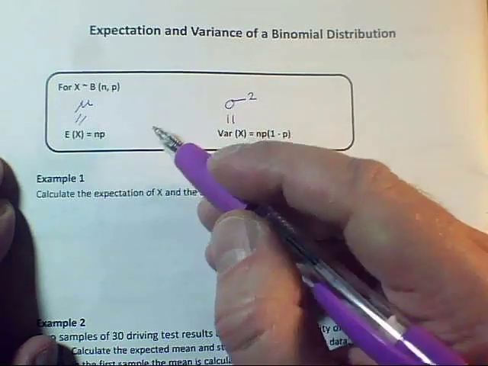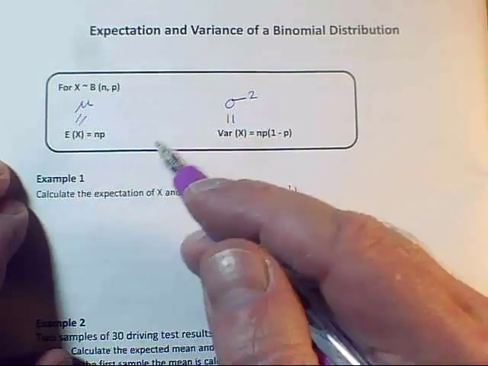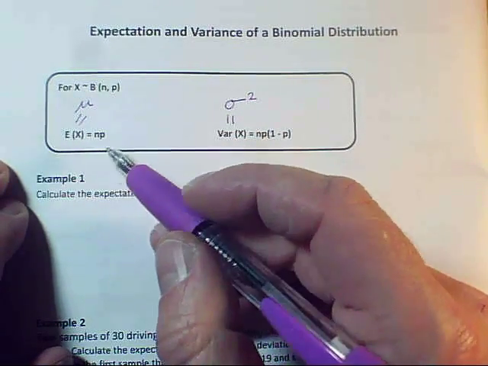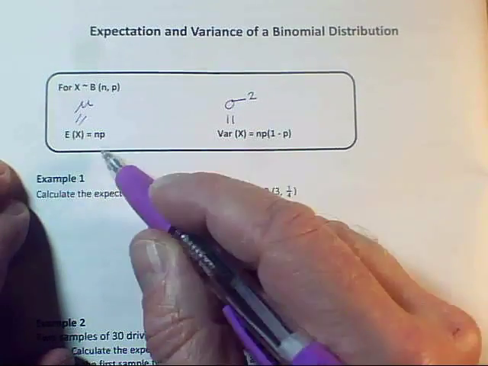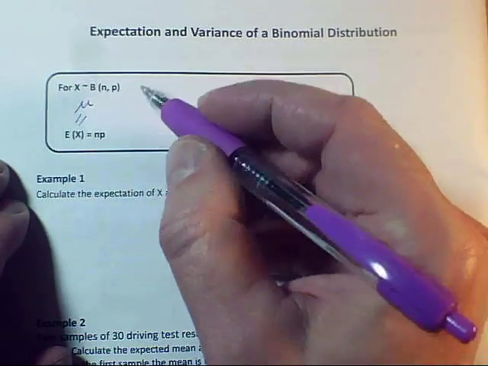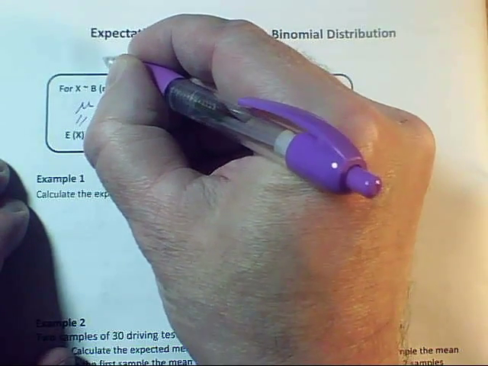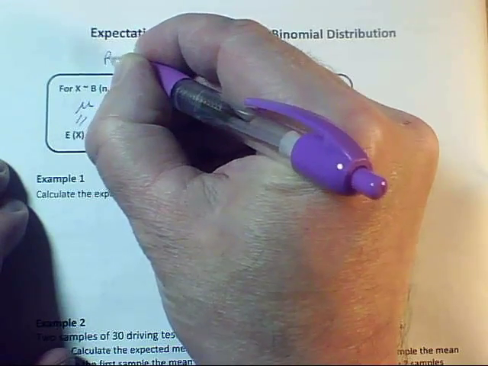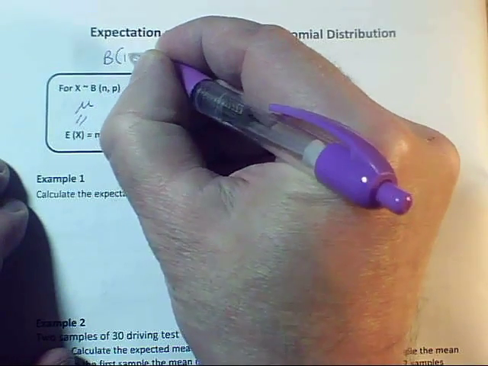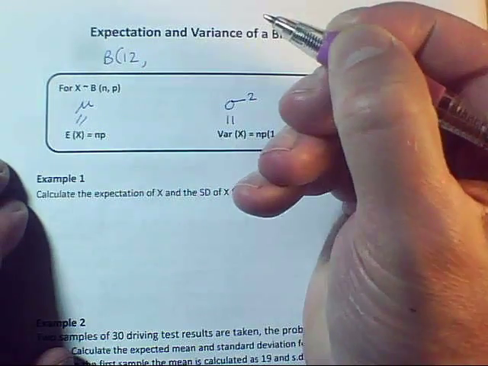And for interesting reasons, which I'm not going to explain in this video, for a binomial distribution, we can work out the mean and variance with these formulas. The mean actually is a fairly easy one. Suppose I was rolling a dice 12 times, so it would be a binomial, with 12 trials, and I'm counting the number of sixes I get.